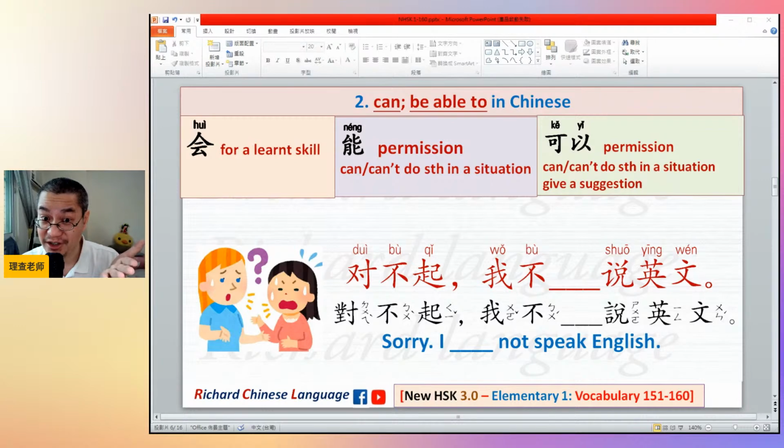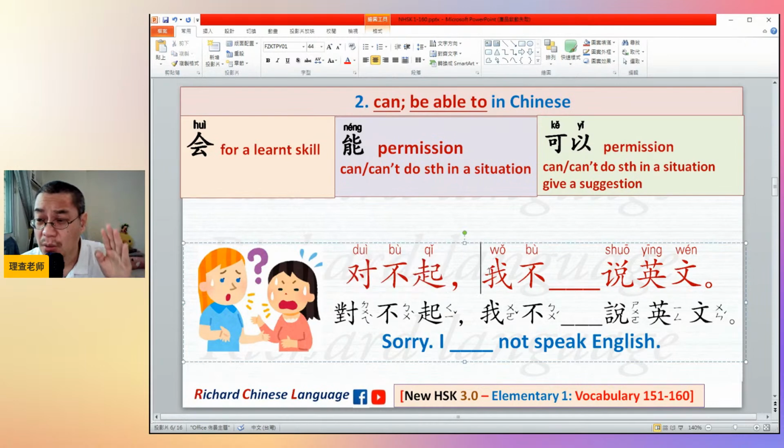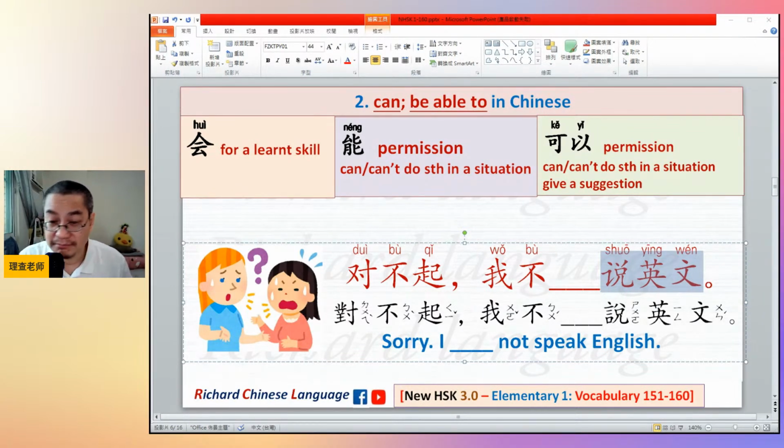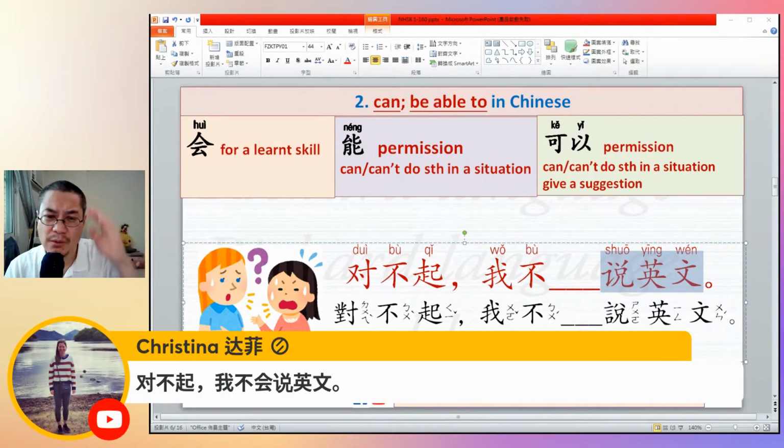Okay, so the third question for you. 对不起, I'm sorry. 对不起我不说英文。Okay, what's the answer? 对不起我不会说英文。I can't speak English.